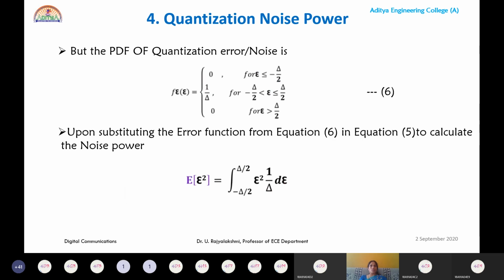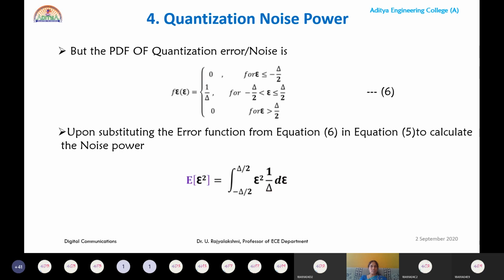Now, in this slide you can observe the same old definition which we have seen earlier. The probability distribution function of quantization noise is defined as Fe of E equals 0 beyond the limits from minus delta by 2 to plus delta by 2, and within the limit it equals 1 by delta.